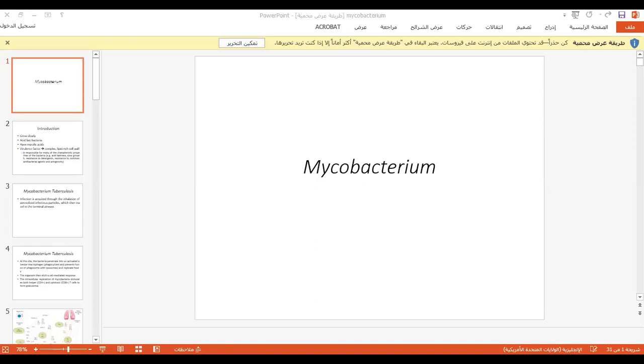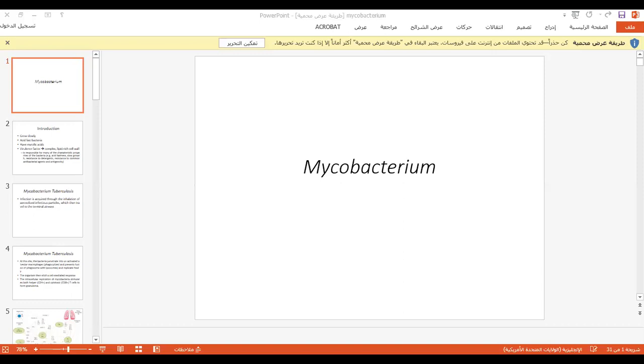It is characterized by slow growth and being acid-fast bacteria, because it has a high lipid content in its cell wall. It has mycolic acids. This substance is unique to the mycobacteria and related organisms such as Nocardia.